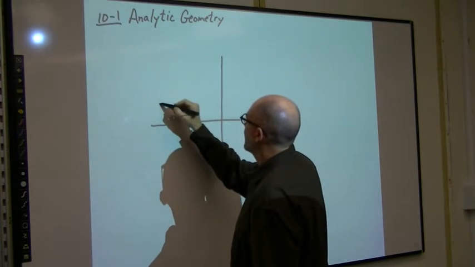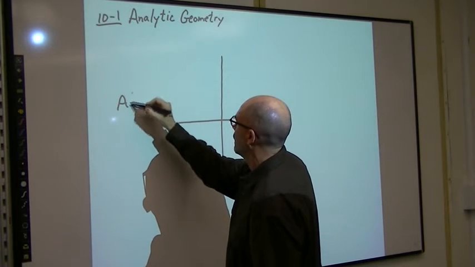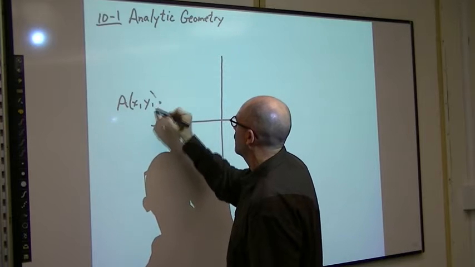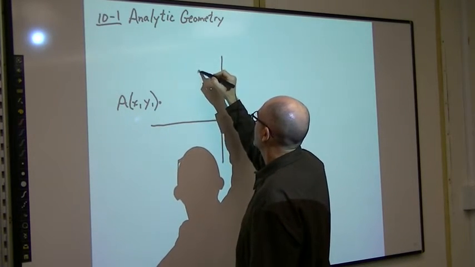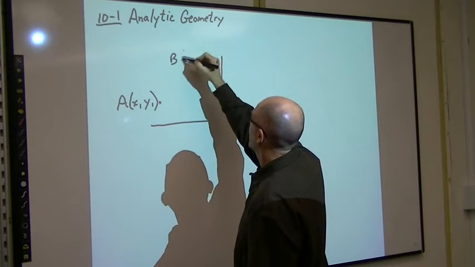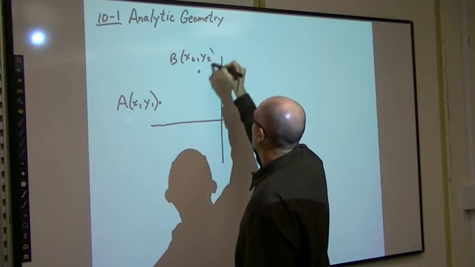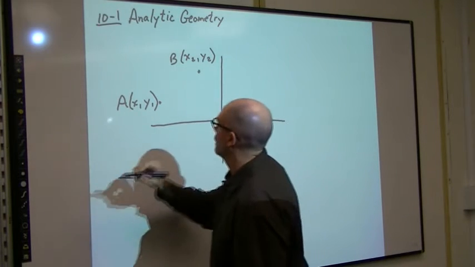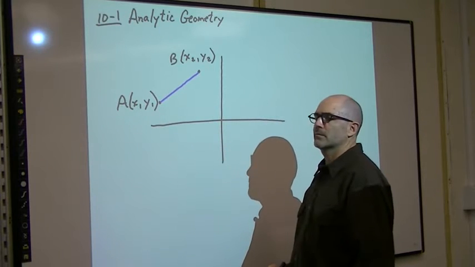We'll take point A, that's x sub 1, y sub 1, and point B, that's x sub 2, y sub 2. And I want to know the distance from point A to point B.